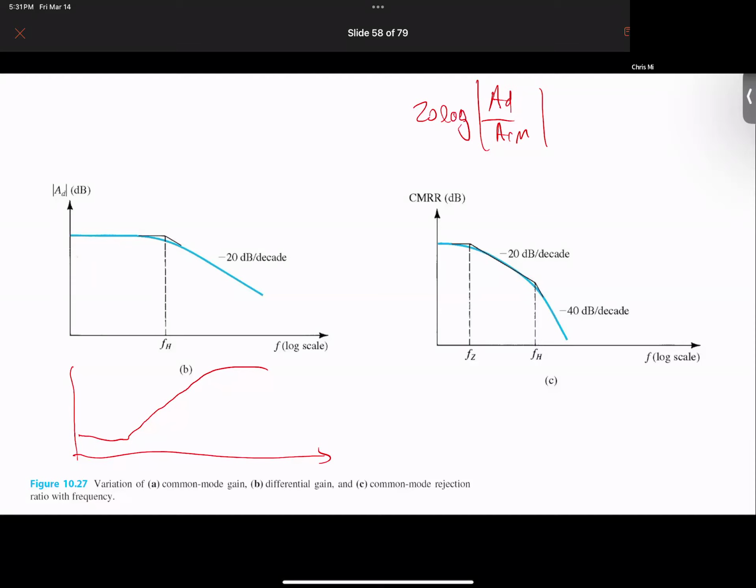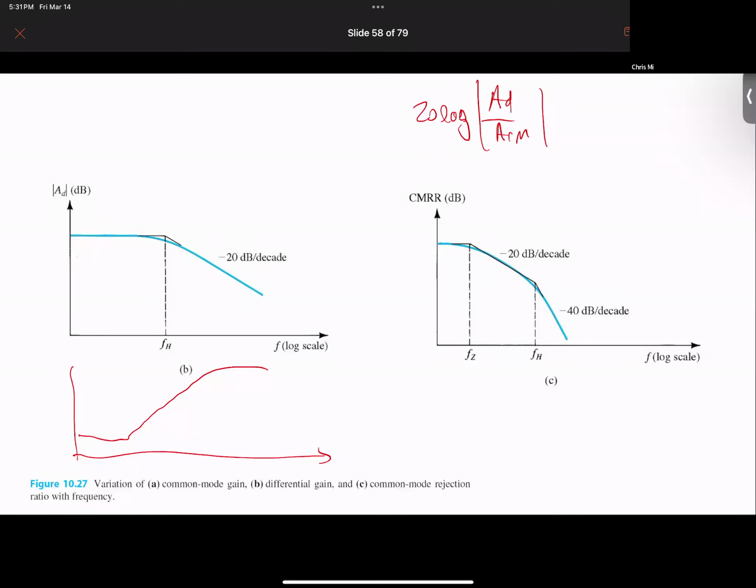So in the middle band, these two ratios are basically constant. And then at some point, you have a zero for the common mode, because of RSS and CL or CS. So your gain starts to increase for the common mode, but your differential gain is constant. What happens?